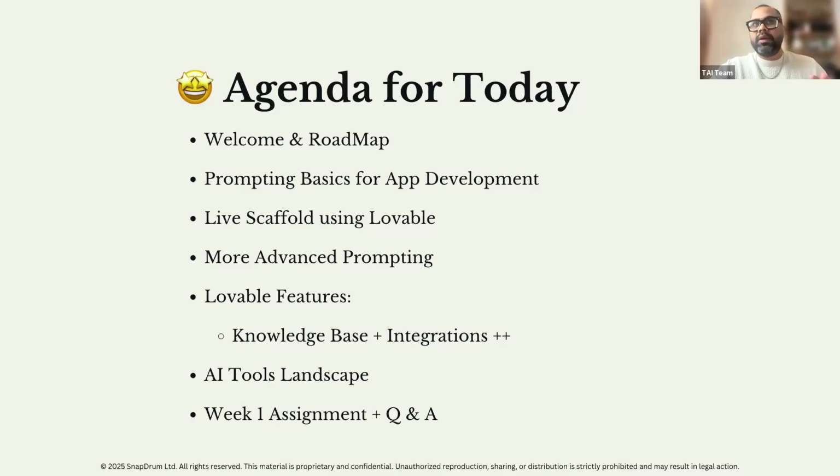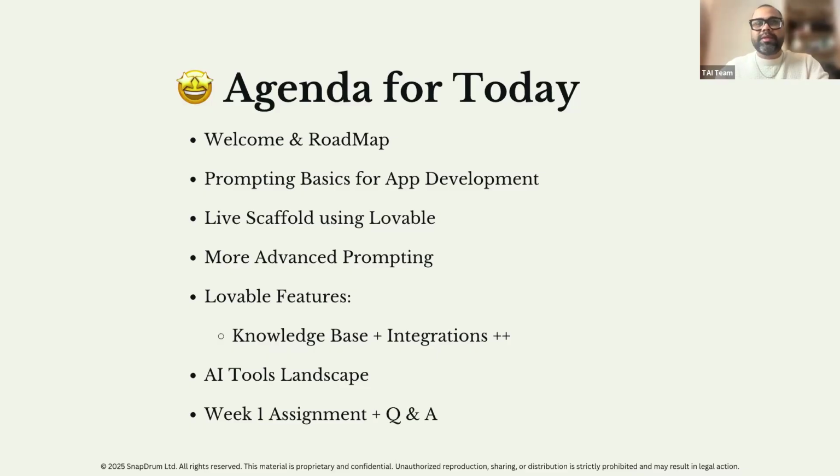We'll build a live app using Lovable, and also look into connecting Supabase, so that you see how to get a working product from a simple idea, and spend a bit more time on advanced prompting, and also look into Lovable's features. Lovable is an app that you can use to build applications from prompts. If you have an idea, you can go directly from a prompt to a production grade application, so you can have something ready to give to users.